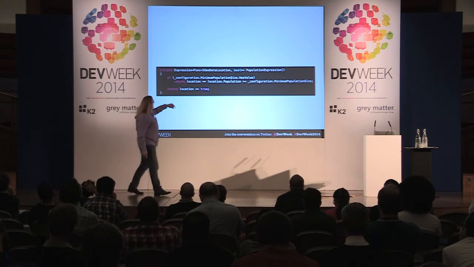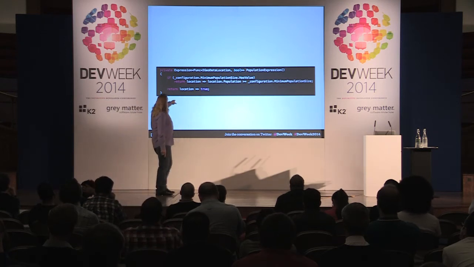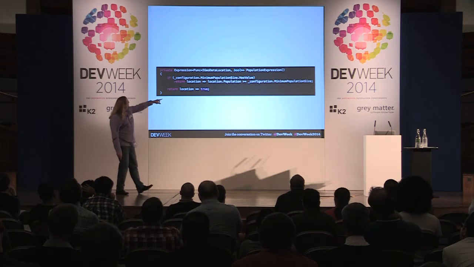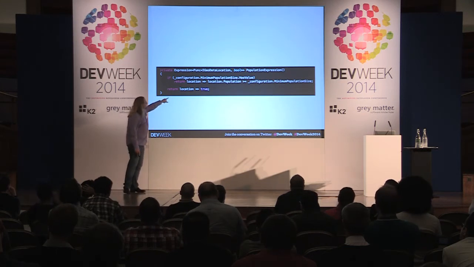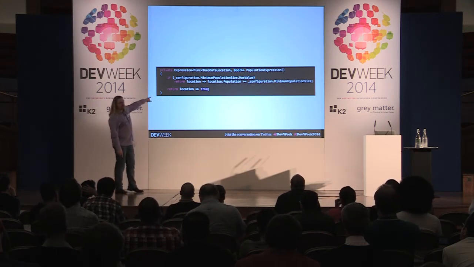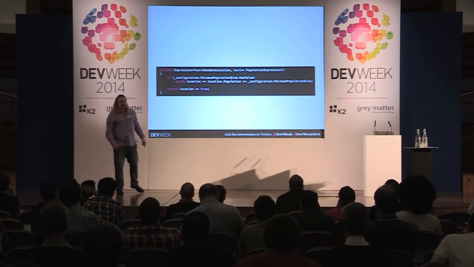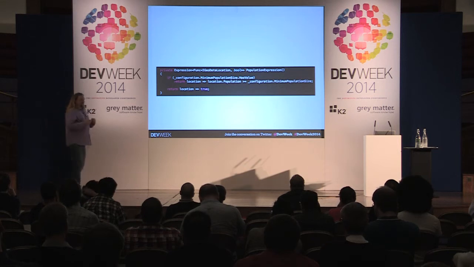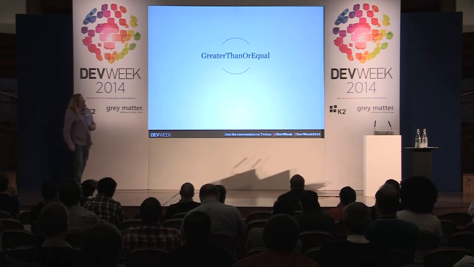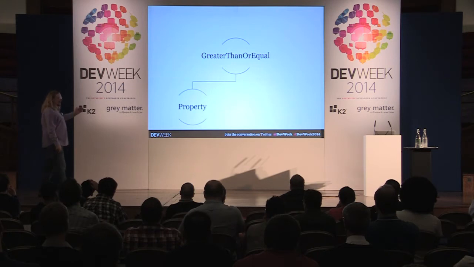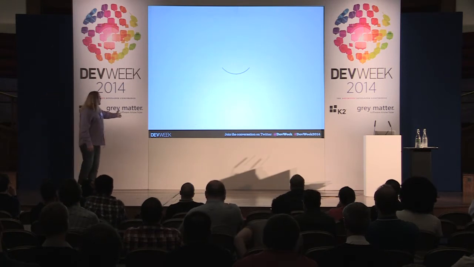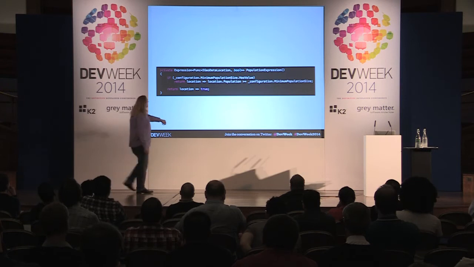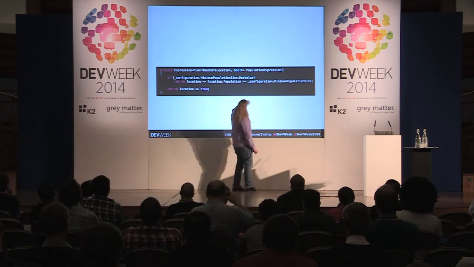We're saying if the minimum population size has a value, we either return the function or we return the true statement as a function, and we're returning this as an expression. Now, what if we want to build this from scratch? Well, we would start with a greater than or equal, and on the left-hand side we have a property. That property, if we go back, is the population.